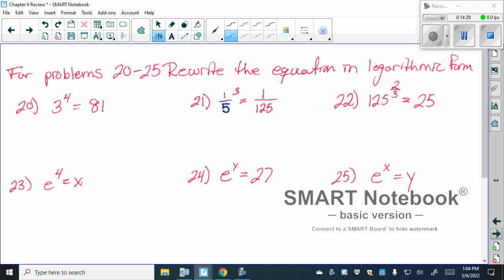Yes. Let's look at these here. So we want to rewrite each one of these in logarithmic form. 21. So we want to get rid of this 3, get that out of the exponent.